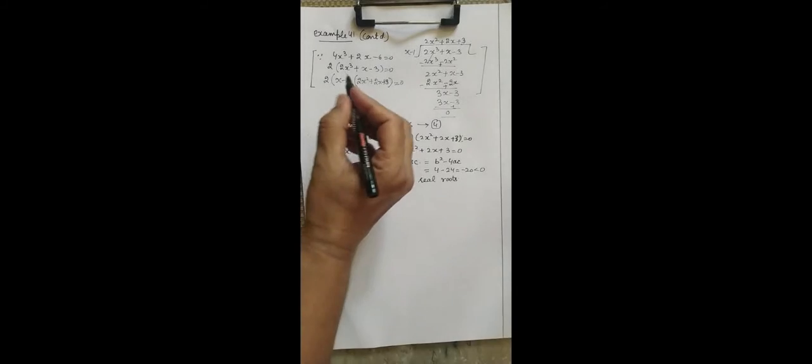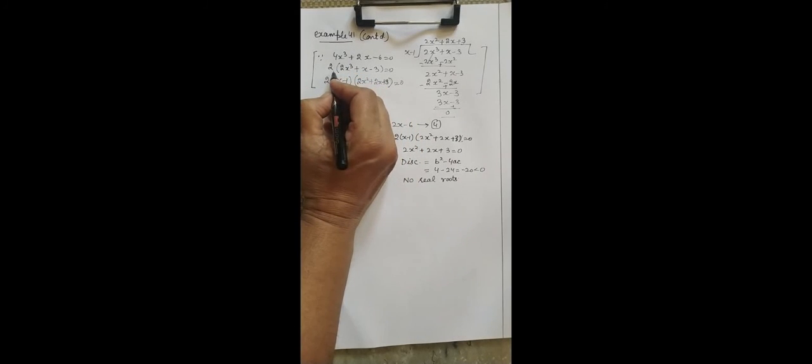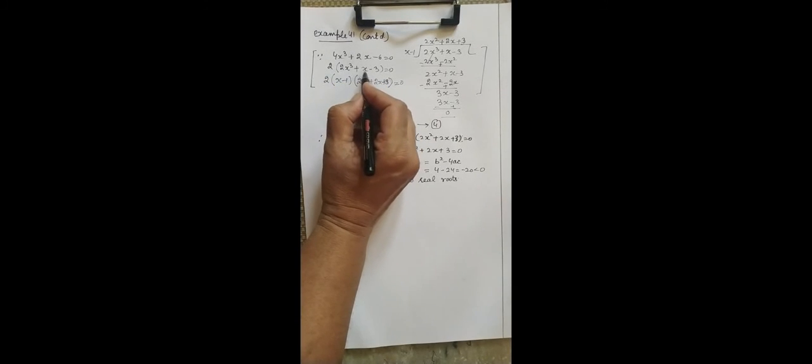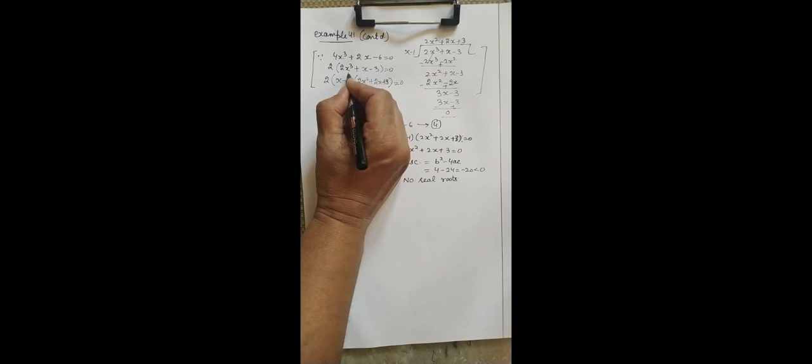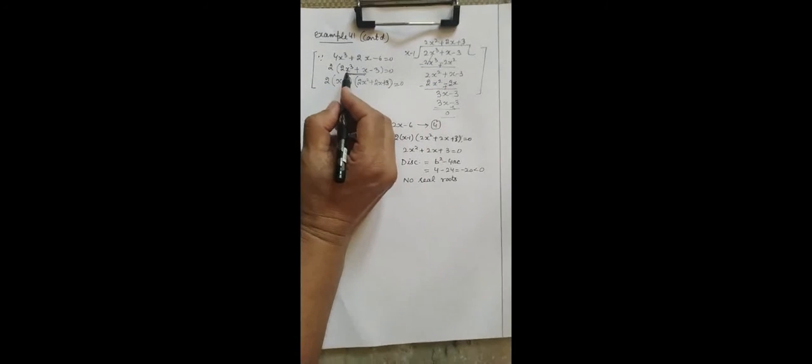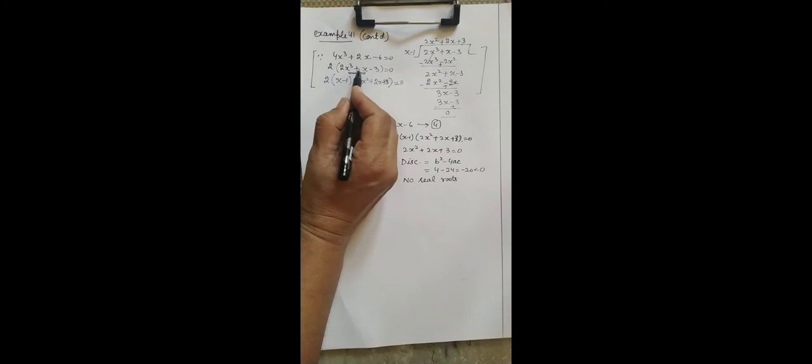So for factorizing the cubic, we first take 2 as common. It will be 2x cube plus x minus 3. First of all, I will find the first factor by inspection only. If I put x is equal to 1 here, it will be 2 plus 1 minus 3, that is 0. That means this is satisfied by x is equal to 1.